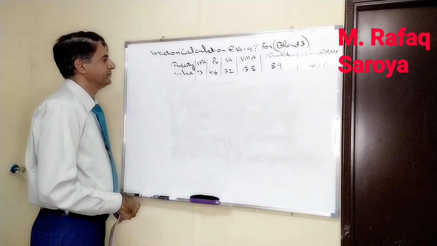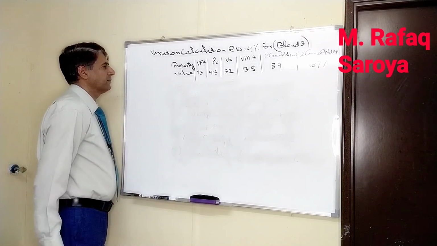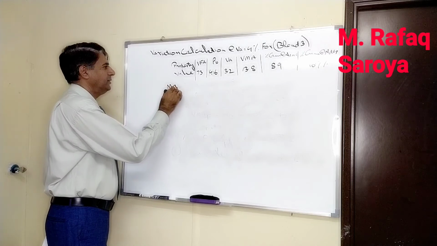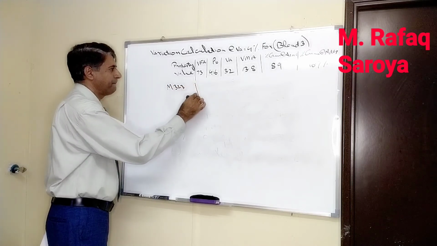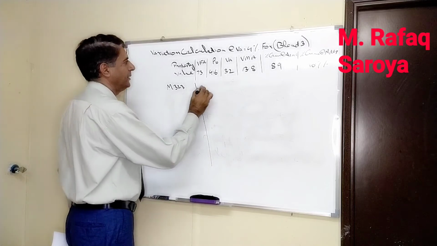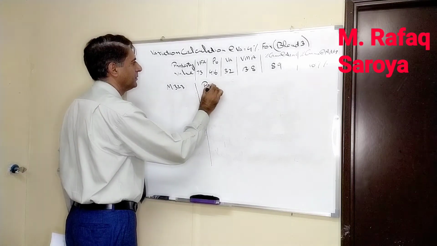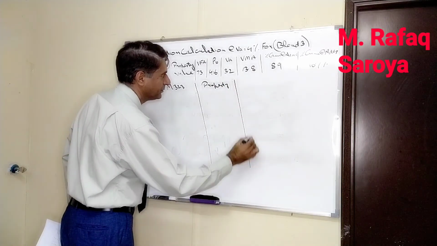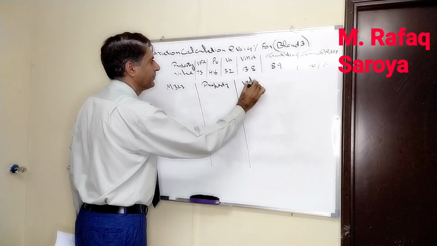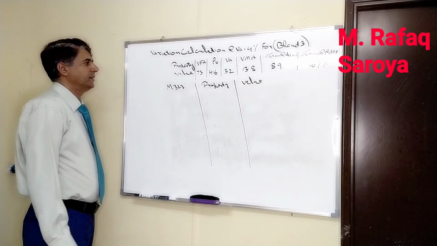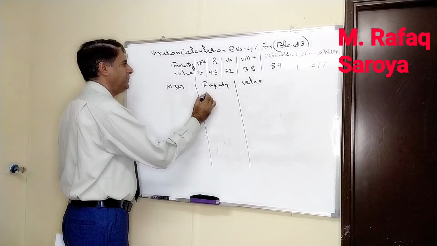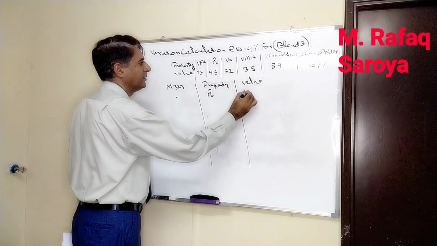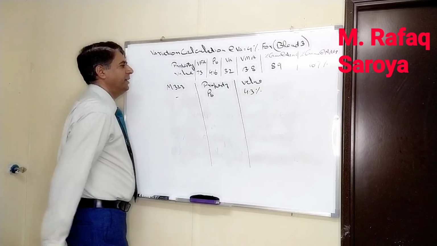Like M323 property, then value. This PB is not mentioned over here; 4.3% is required.